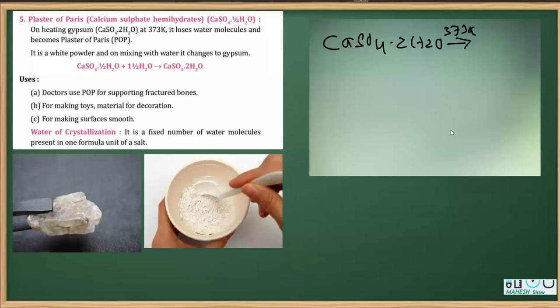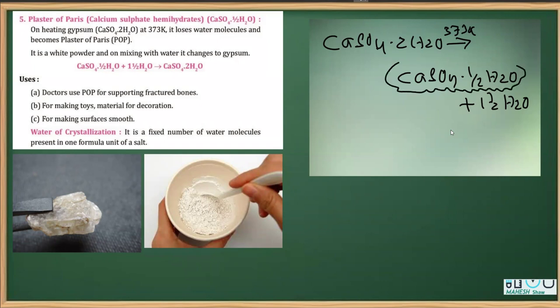When it is heated at 373 Kelvin, it loses water molecules, and that results in the formation of CaSO4 dot half H2O, that is POP, and 1.5 water molecules are lost. That gives rise to the product. So formed here is POP.